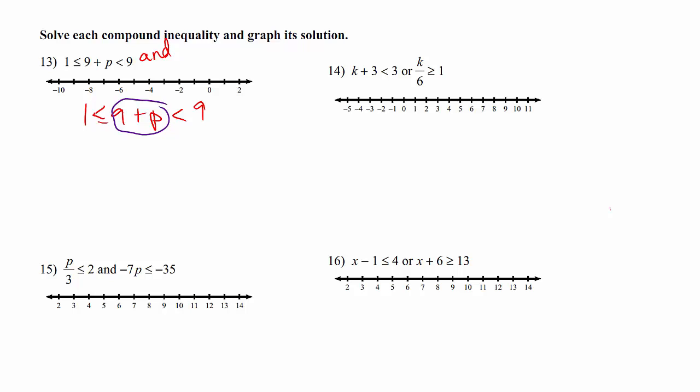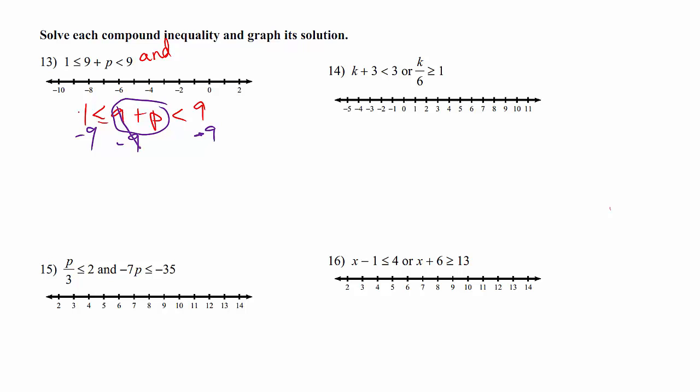So what we're going to do is subtract 9 from the middle, but in order to do that, we also have to subtract it on the left side and the right side. So this is kind of a weird situation. Equations only have two sides, so we do everything to both sides. This is technically something that has 3 different parts, so we're going to do it to each of the parts, the left, the middle, and the right.